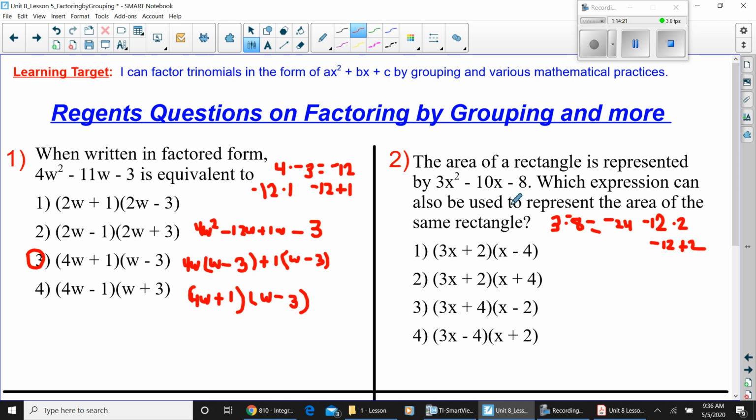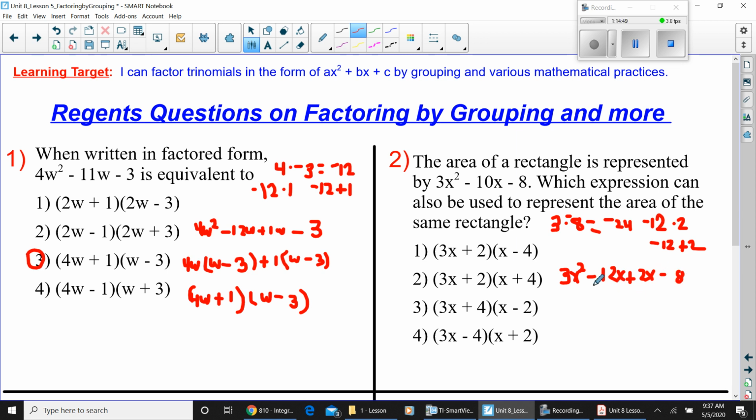Negative 12 plus 2 equals negative 10. So those are my factors, and now I am going to write down the 3x squared, the minus 12x, the plus 2x. Negative 12x plus 2x equals negative 10x. And then the minus 8.